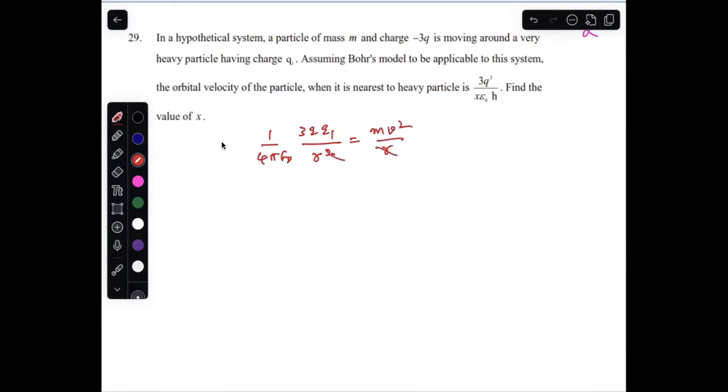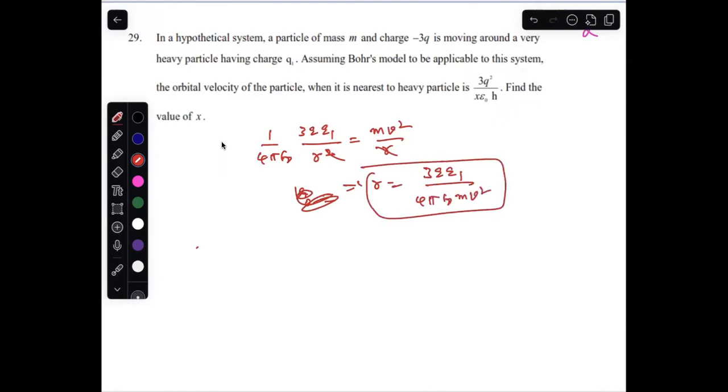When is it nearest? R cancels, so v orbital is, that is one part. So I got the radius: 3q q1 by 4 pi epsilon naught m v square.